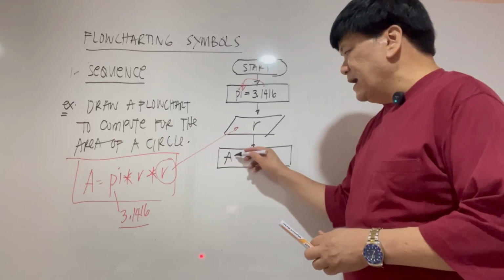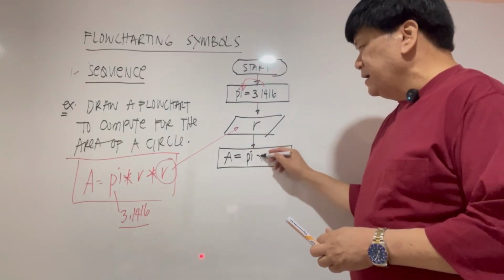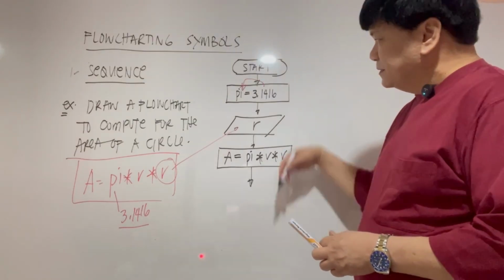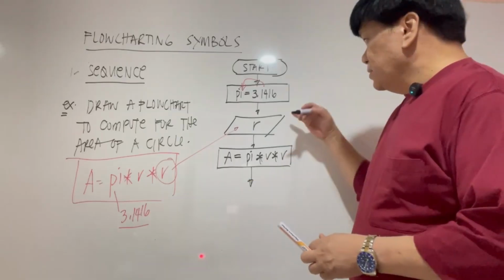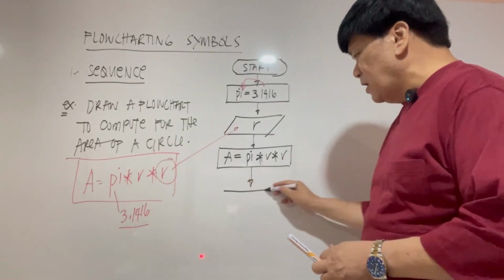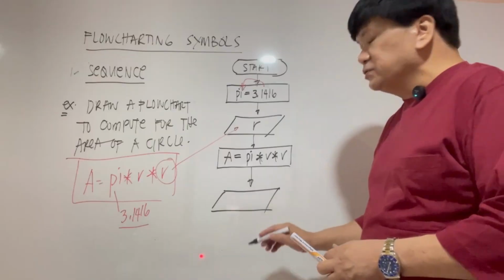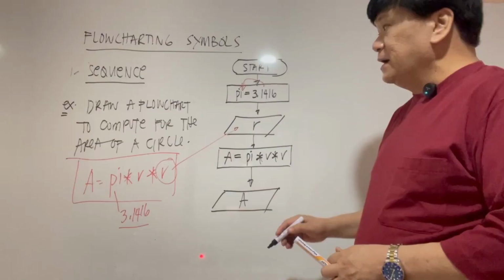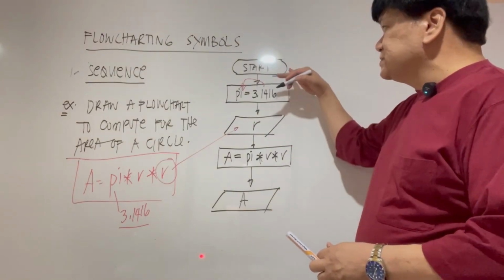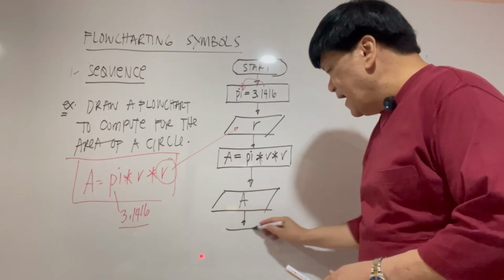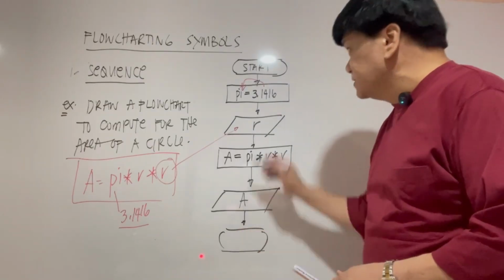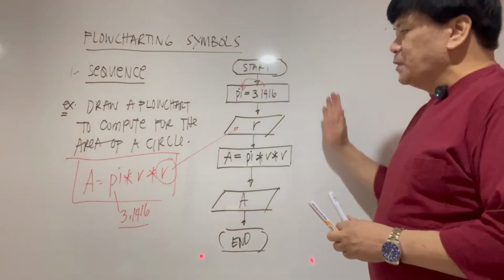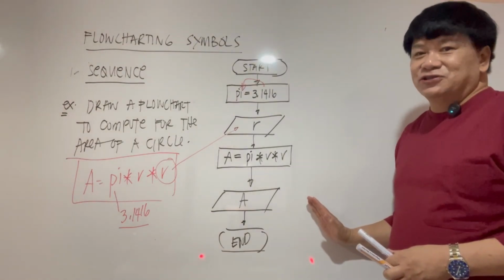Given the formula, A is equal to PI times R times R. And then output. So input, process, and then output. This is the sequence control structure, as simple as that. Then we output the area. As I mentioned a while ago, you start with the oval and also end with the oval. So this is a simple structure for the sequence control structure.